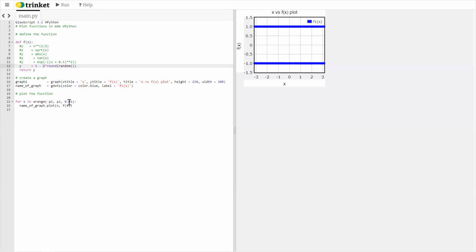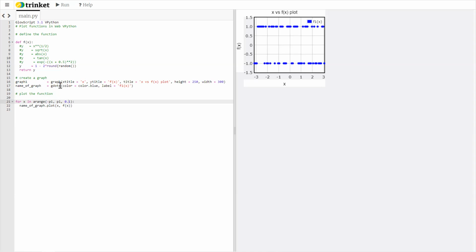So maybe we can adjust the step size to 0.1 so that you can see the fluctuation of values from negative 1 to positive 1, which can be used to generate random walk phenomena.